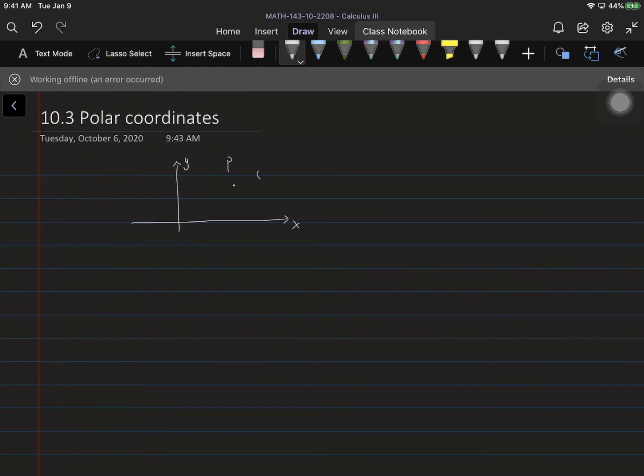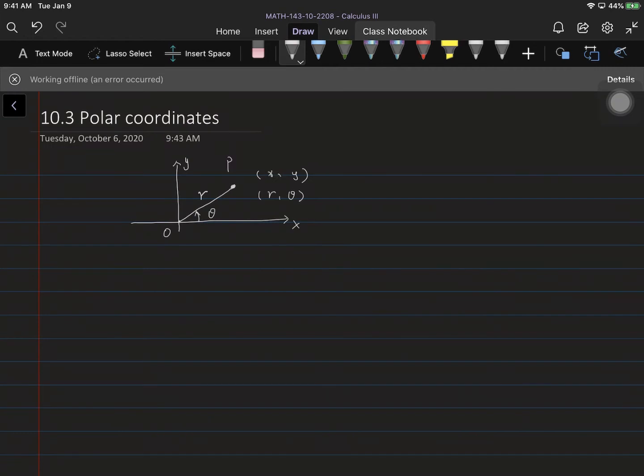But right now, we're going to use another pair, r theta, to express the same point. And what's the meaning of r? R is the distance from the origin O to the point P. So the length is r, and theta is the angle from the x-axis to the line OP.